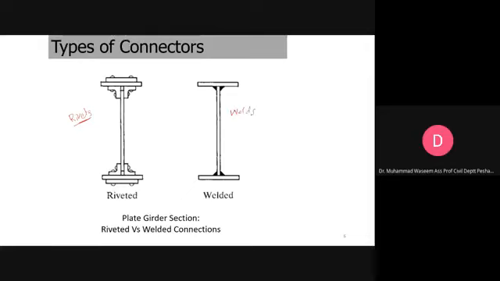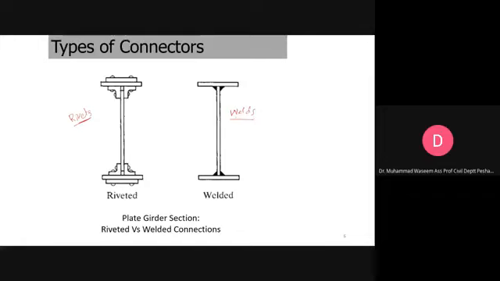In the case of rivets, a lot of steel is consumed to make the same member or section. So riveting, or bolting, consumes more steel as compared to welding. And aesthetically, welds also look good compared to riveting.